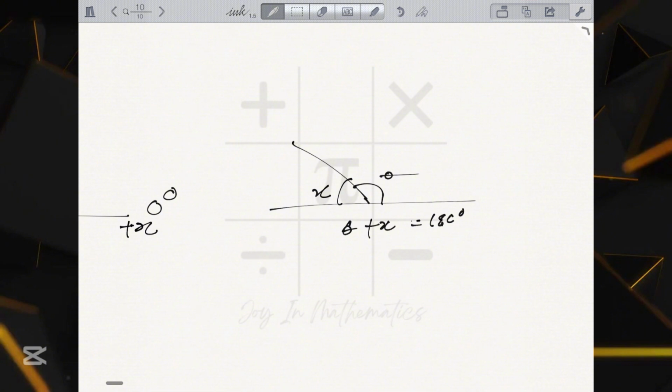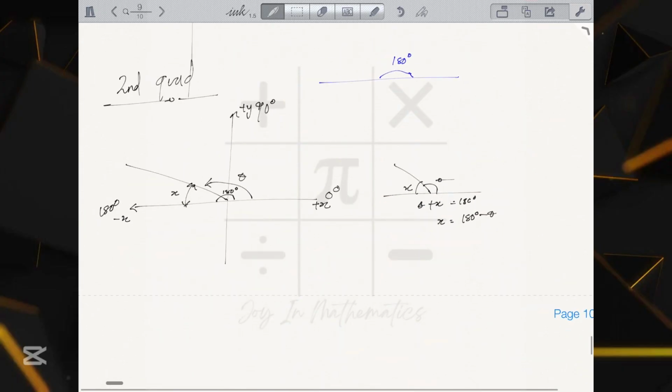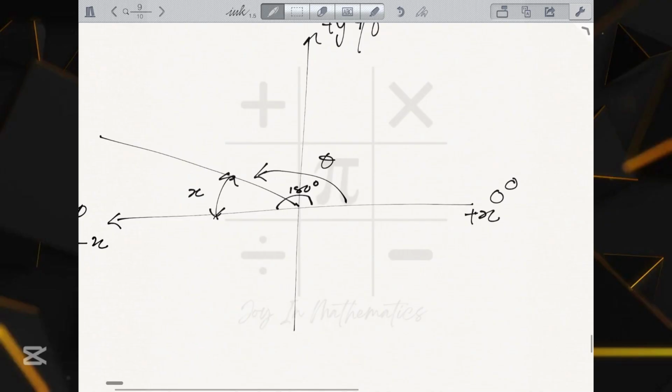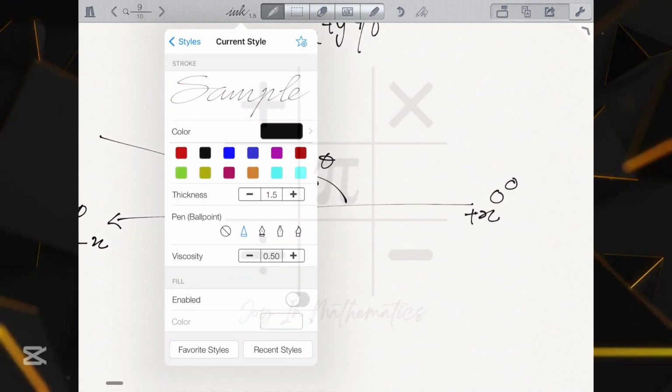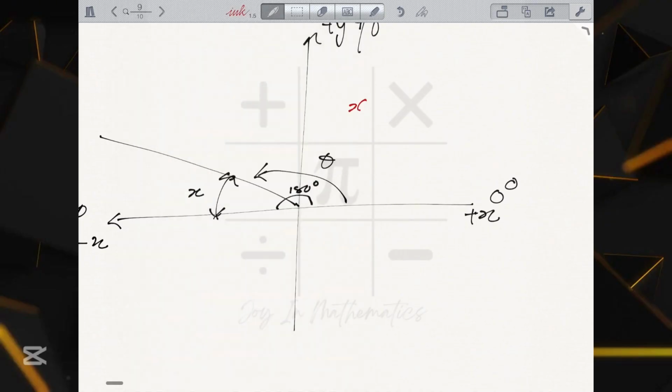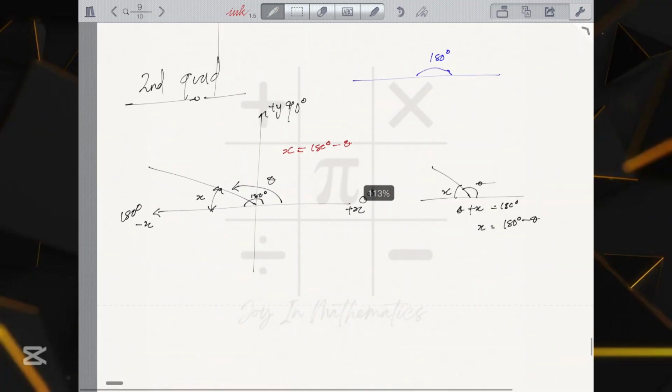Then I can have an expression for x: x is equal to 180 degrees minus theta. So we have found the equivalent acute angle, that x is 180 degrees minus theta.